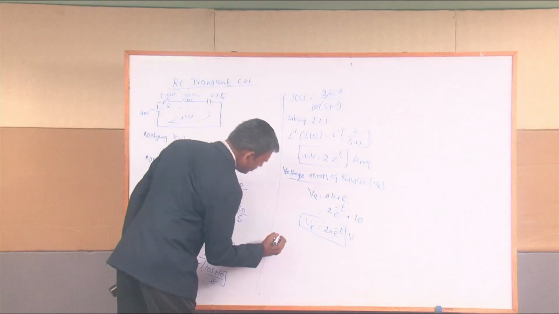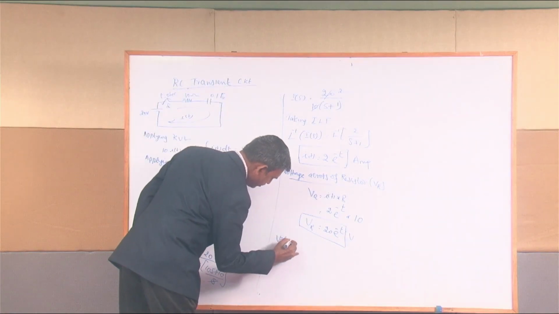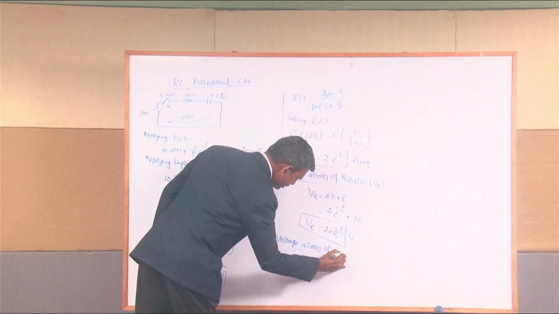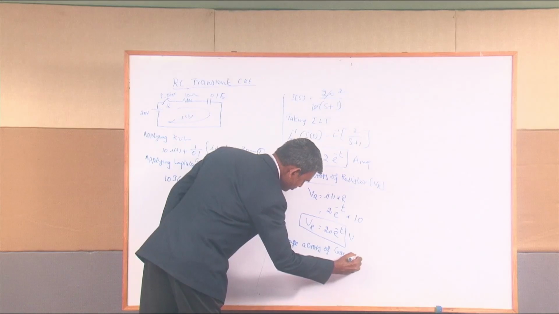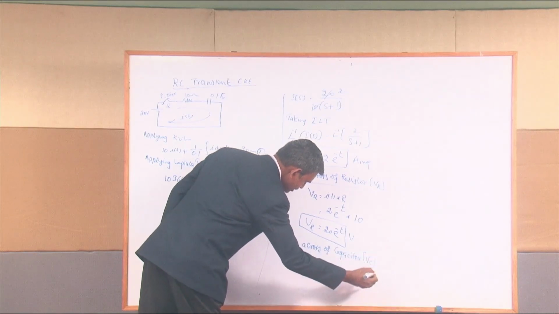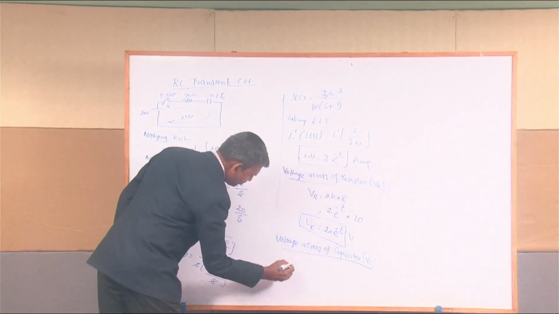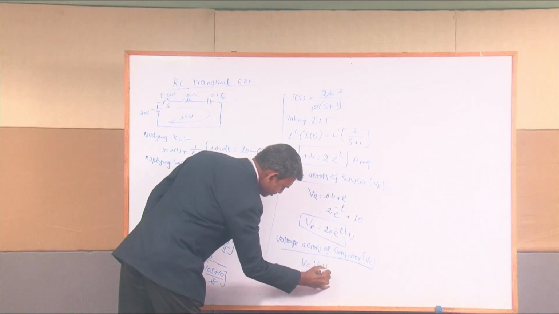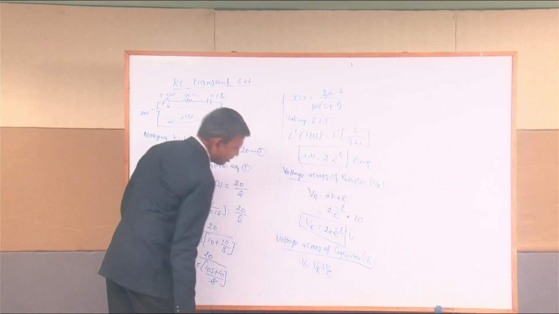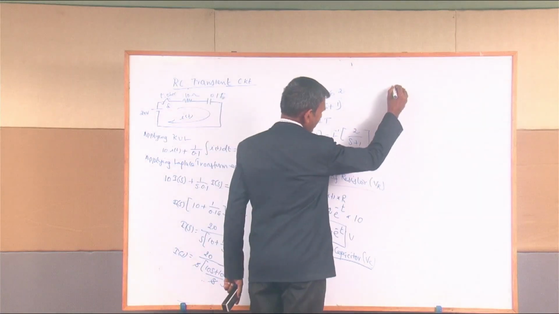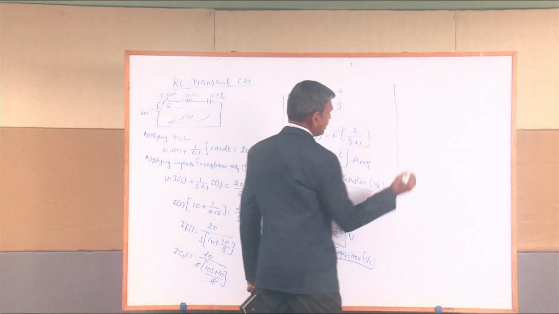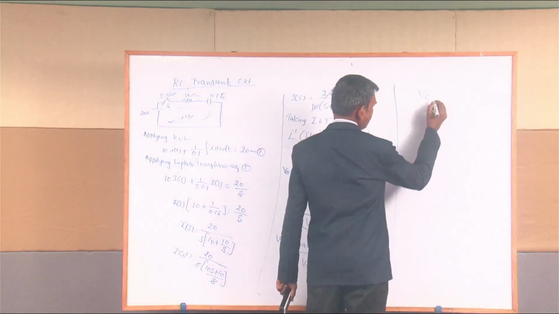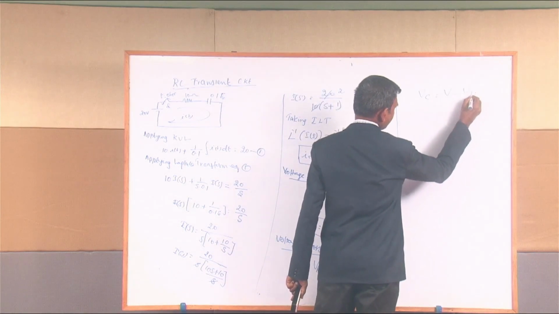Next we are finding the voltage across the capacitor, which will be denoted by V suffix C. We know the applied voltage V is equal to VR plus Vc as per KVL. Our aim is to find the voltage across the capacitor. Rearranging this equation, Vc is equal to V minus VR.